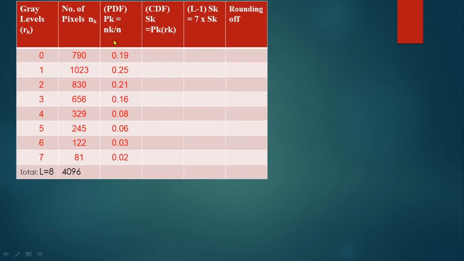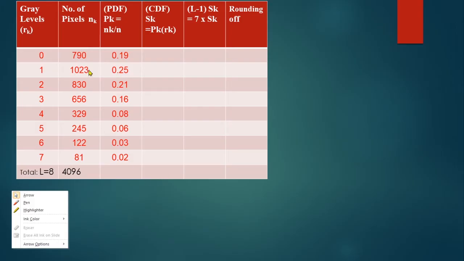To find the probability density function of each gray level, we divide the corresponding number of pixels by the total number of pixels.